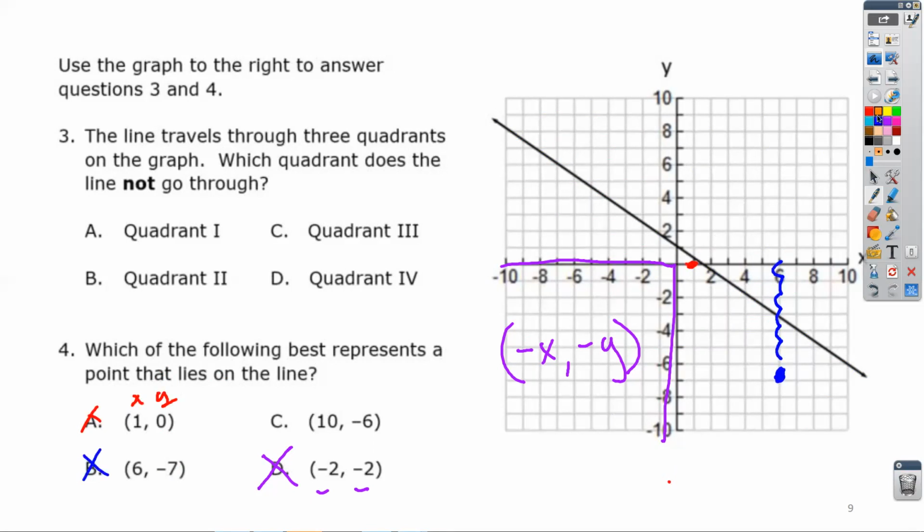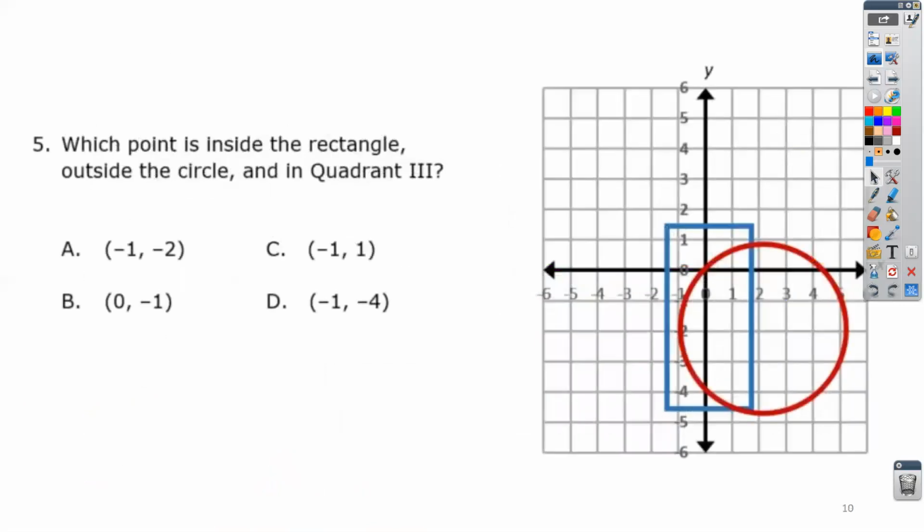And just to make sure, let's check C. 10, so I'm gonna come way over here to 10, and then negative 6, 1, 2, 3, 4, 5, 6. So make sure you get in the habit of checking all your choices, just in case you did one backwards, or maybe you just miscounted. So double check them all, just in case you messed up.